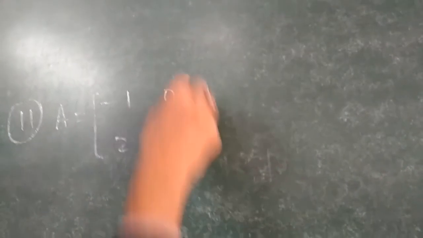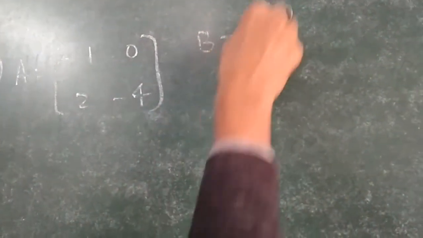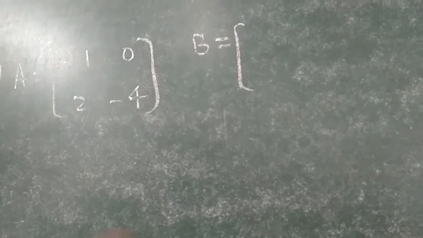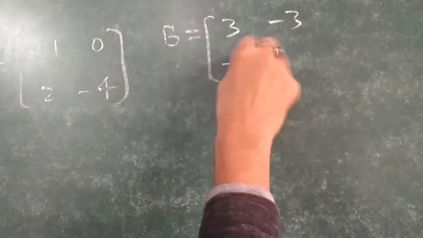First part you can solve yourself because I have given you much hint in that question. And question number 11, you are given a matrix A equals minus 1, 0, 2, minus 4, and B matrix is 3, minus 3, minus 2, 0.